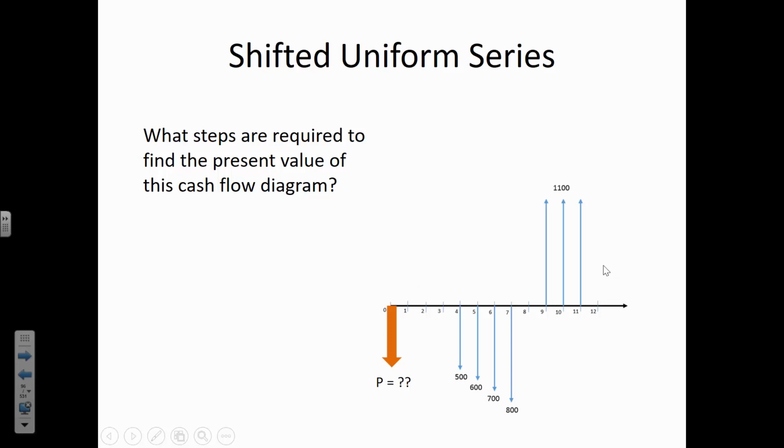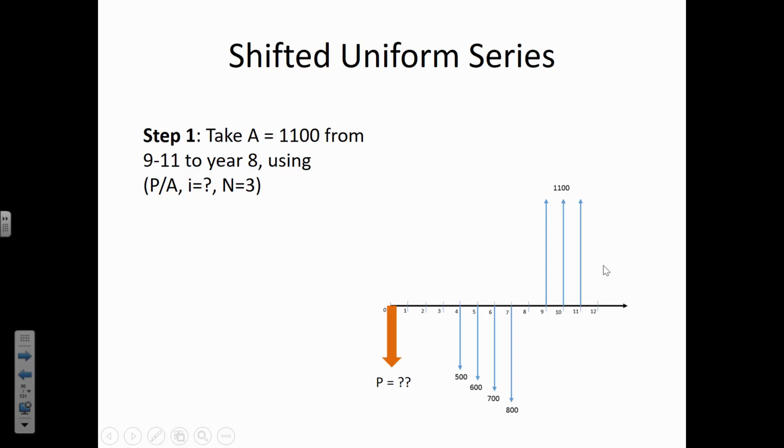Now the brute force way of doing it is just find P given F for each one of these years individually. But that's kind of an inelegant solution to just repeat find P given F over and over and over for every year. So here's the approach that I suggest that you would take.